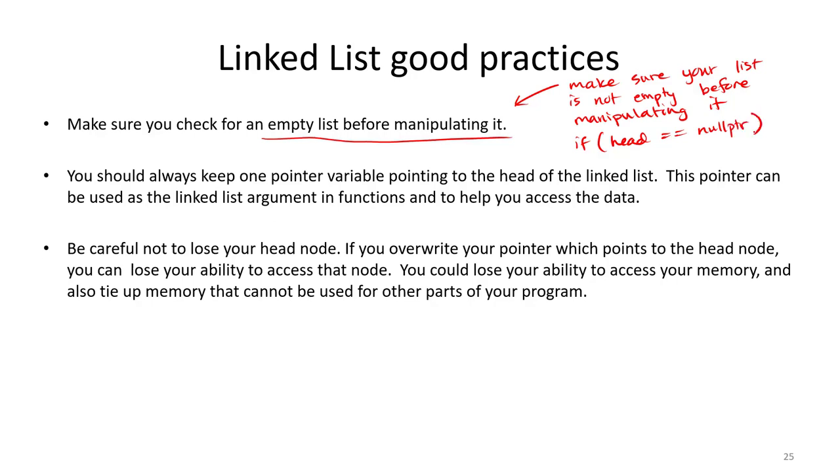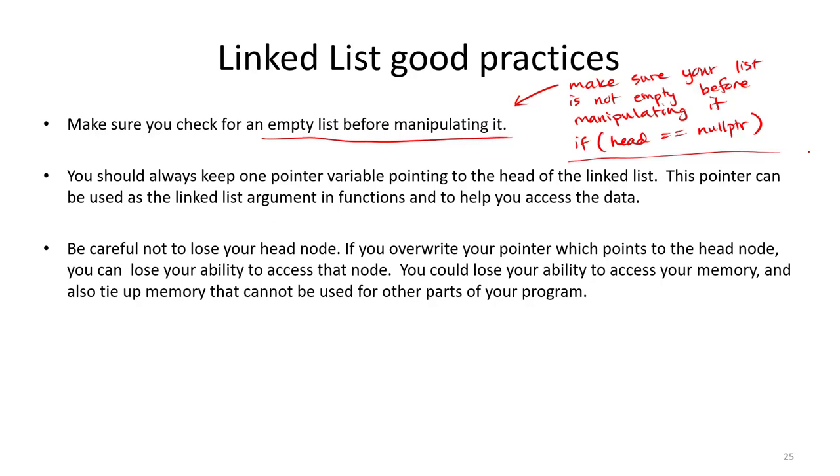For example, if head points at null, then we know our list must be empty. We don't want to try to manipulate an empty list, because if we try to manipulate data at memory address 0, we're going to get a runtime error. So you'll notice in our example code, we often include if head double equals null pointer to double check and make sure our list is not empty before trying to do stuff with it.